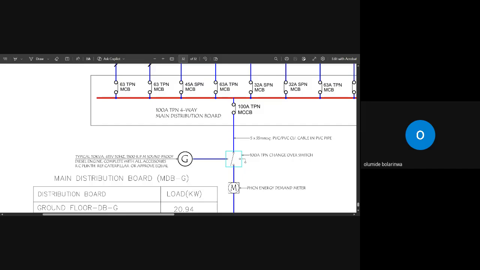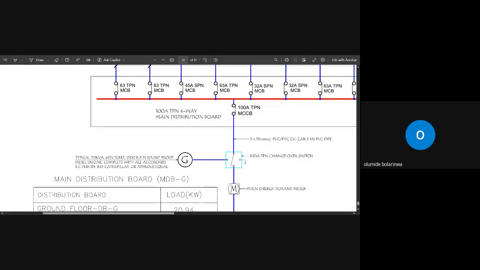Now we now have 4 meter for 5 core by 35 cable. Are we following with my explanation? Yes, sir.